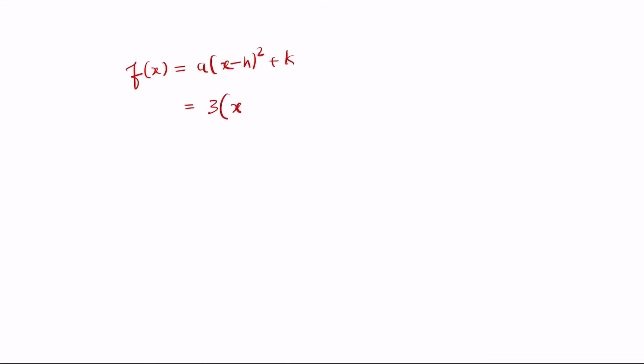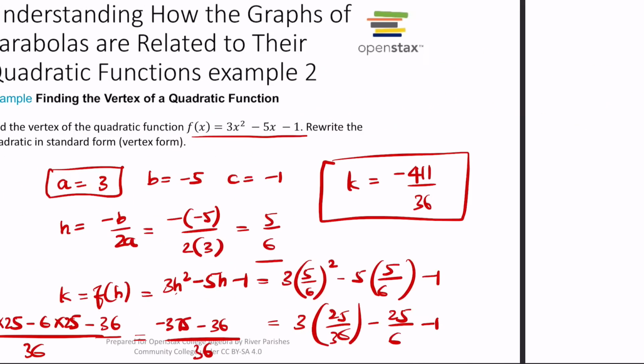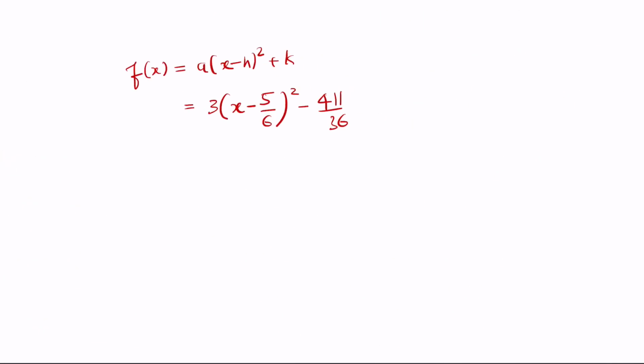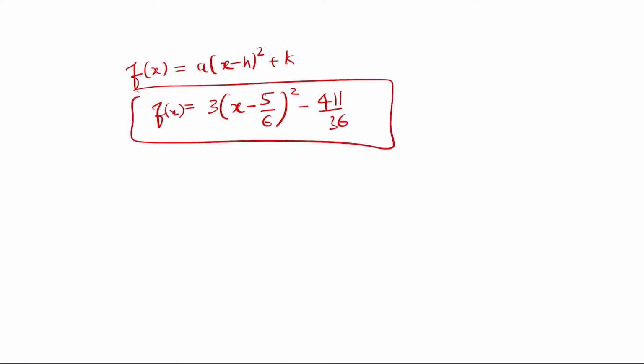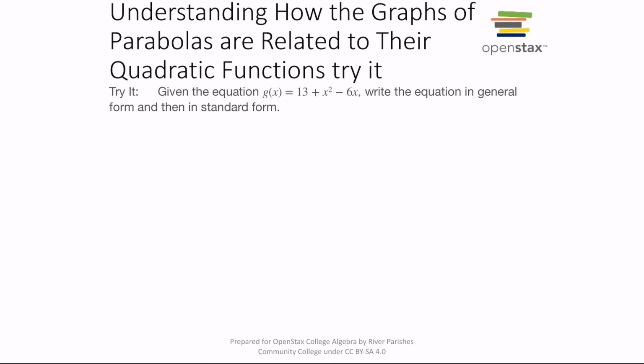So 3 times (x minus 5 by 6) square minus 411 by 36. So this is the function f of x. So this is how you can write the general form into its standard form. So use the same principle now and try to write the standard form of this equation. So pause the video right here and try to solve this problem.